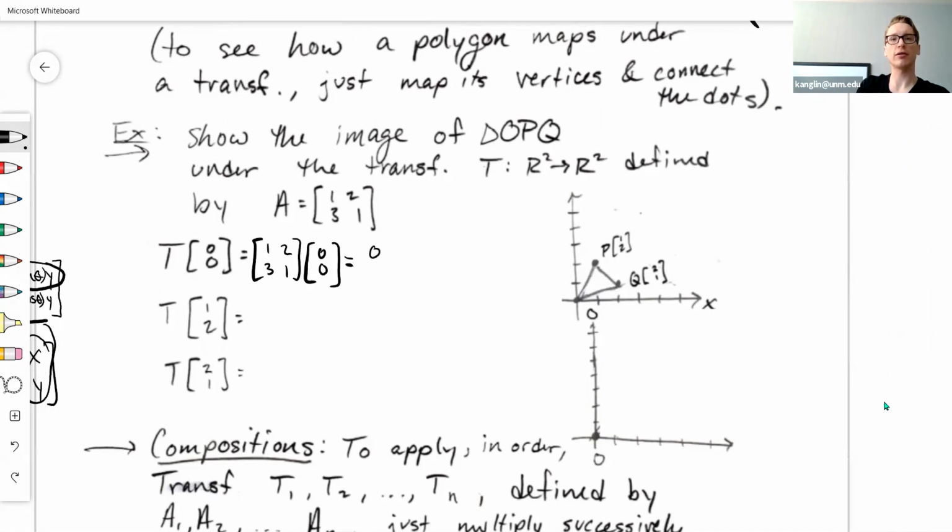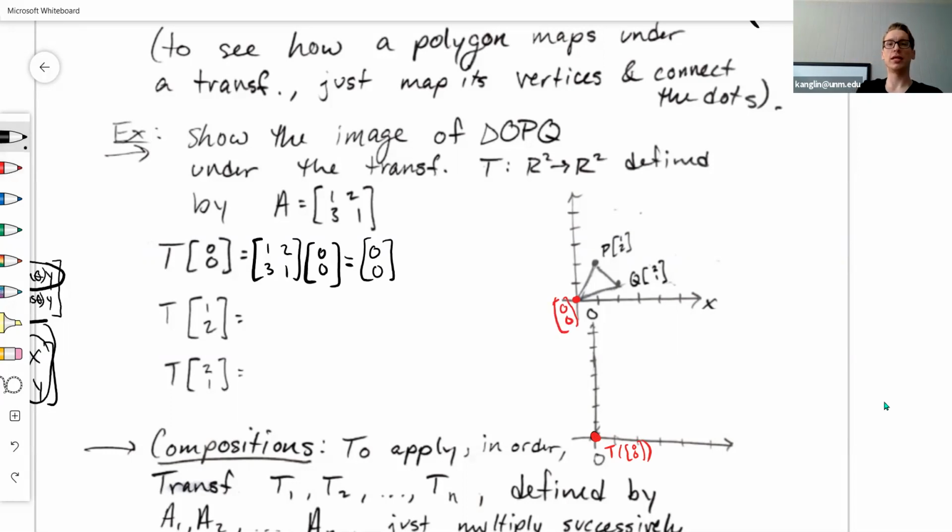We get the zero vector. So right away, let me do this in red maybe. The point at the origin mapped to the point at the origin. So this is T of (0, 0) in red. This was (0, 0) in the domain where it came from.